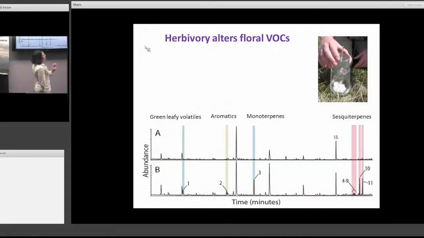One other thing that we'd also like to do is assess herbivory of these plants. So herbivory might be affected by the CO2 and drought treatments, as well as the fact that herbivory also directly alters floral volatiles.